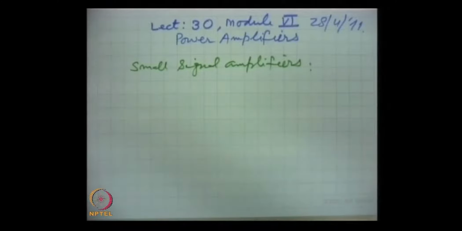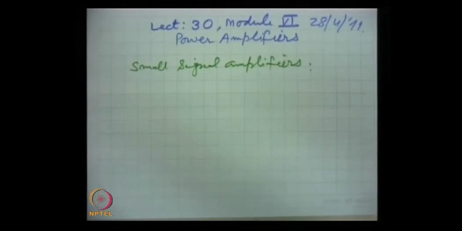Now all the common emitter, common collector, or even in the FET circuits, the common source, common drain, we discussed all of them; they were small signal amplifiers. Small signal amplifiers are used in almost every system for data processing or for signal processing. After signal processing we need power at the output stage of the system.